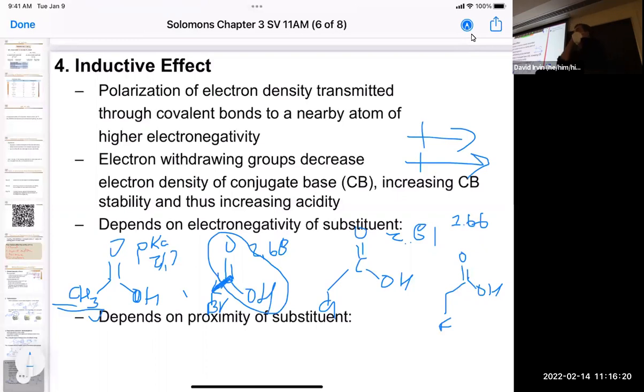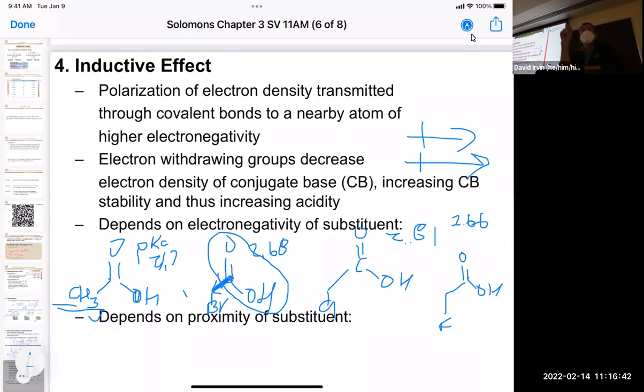Now, okay, so that's just changing which electronegative element is there. How does it affect it by proximity? If we were to take that electronegative element and move it from one bond away to two bonds away, is it going to have the same effect on the acidity?